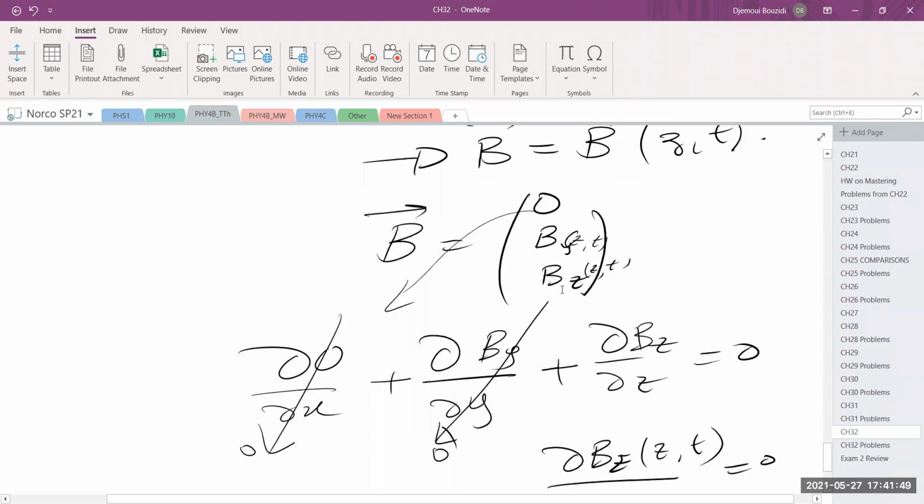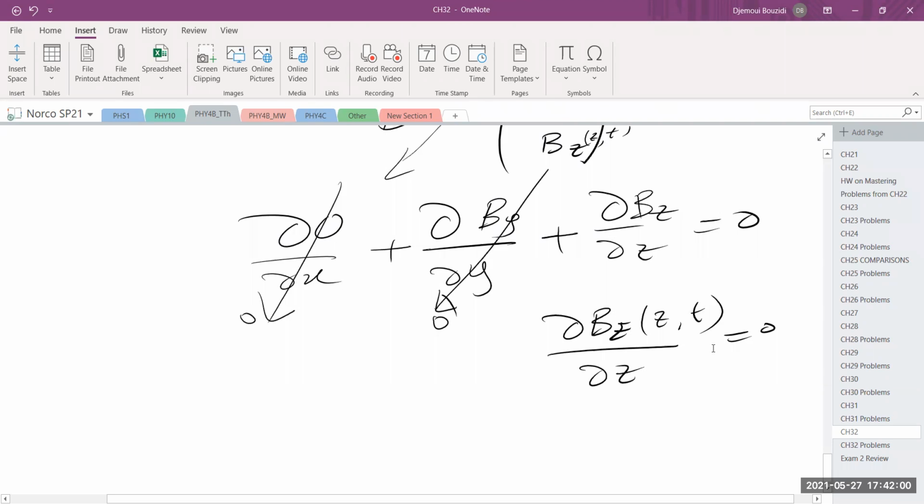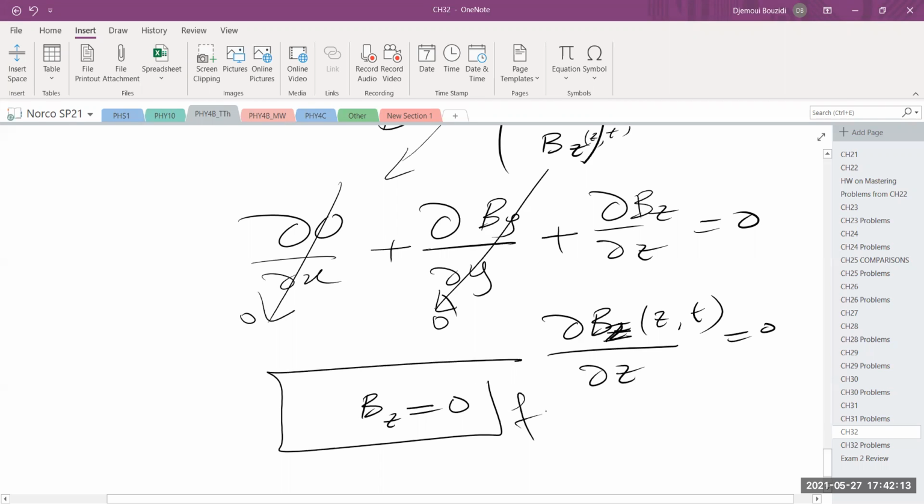Since I am far away from any source, this Bz is constant with respect to z. Then the only obvious choice for me is Bz equal to 0, because I am far from the source of the wave, the source of the disturbance.